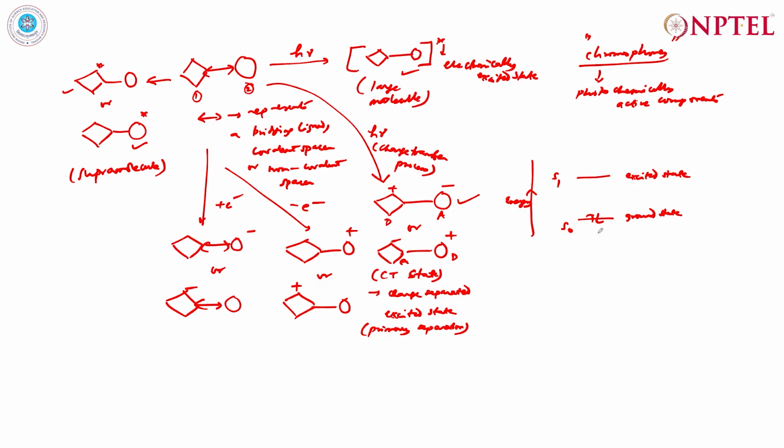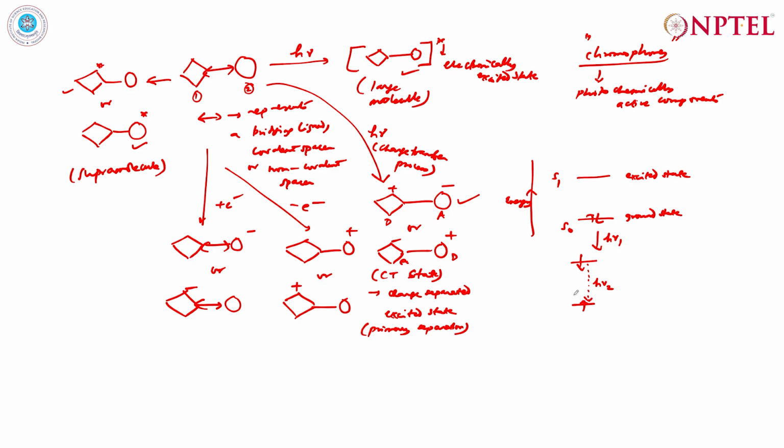So we first have a particular frequency, say h nu 1. The electron goes to the excited state, and then de-excitation to the ground state results in the process of fluorescence, where the frequency of the emitted light is less than the frequency of the incident light.